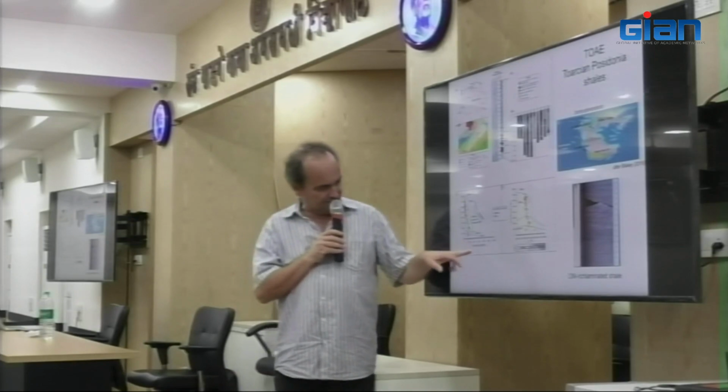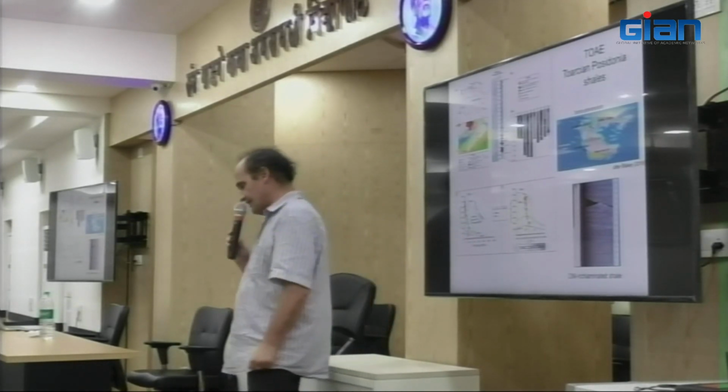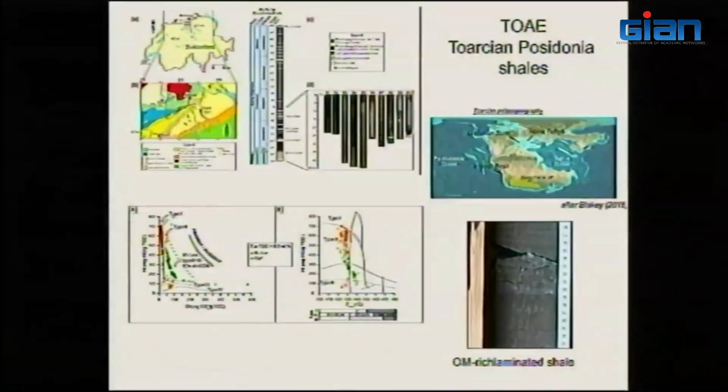And if your oxygen index is high, like that, it means that your organic matter is not very well preserved and starts to be degraded by oxidation. So it's a measurement which gives you the total of organic matter, the nature of organic matter, lacustrine, marine, or continental, but also the preservation of organic matter.